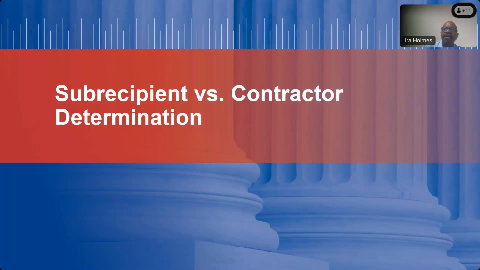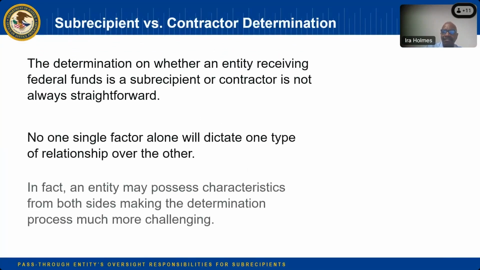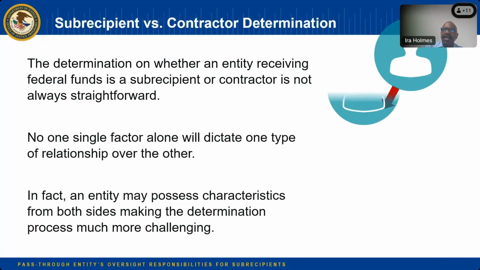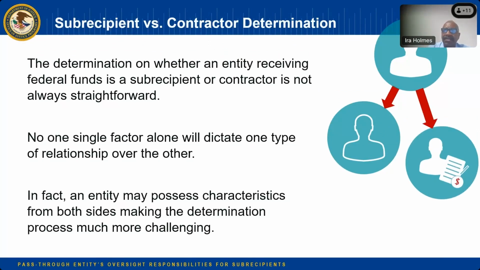Now, one of the hardest parts is the subrecipient versus a contractor, determining the difference between the two. Determining whether an entity receiving federal funds is a subrecipient or a contractor is not easy.